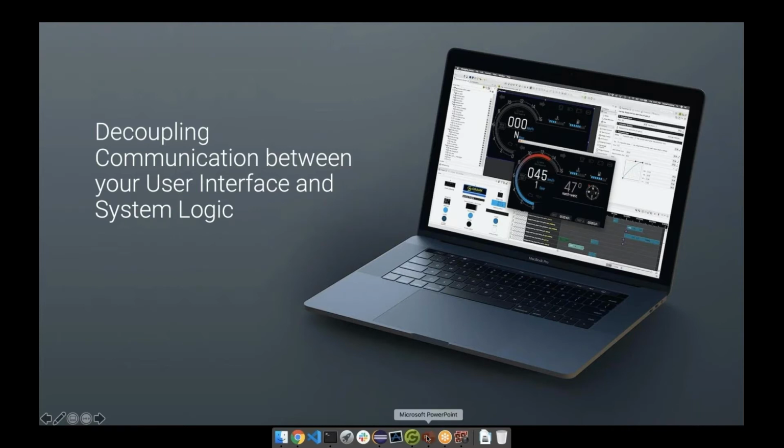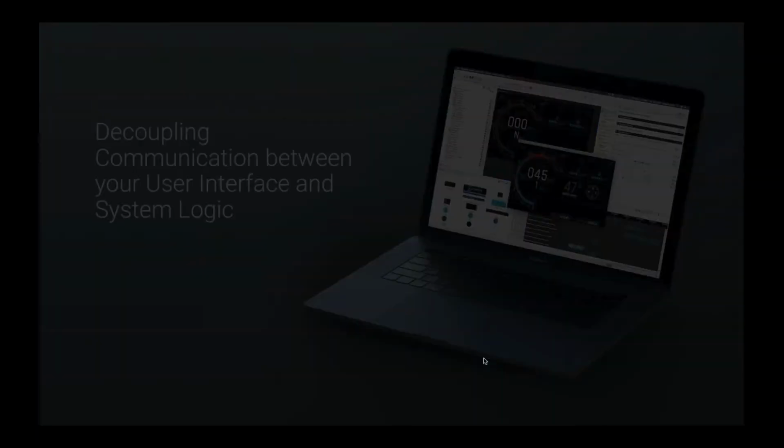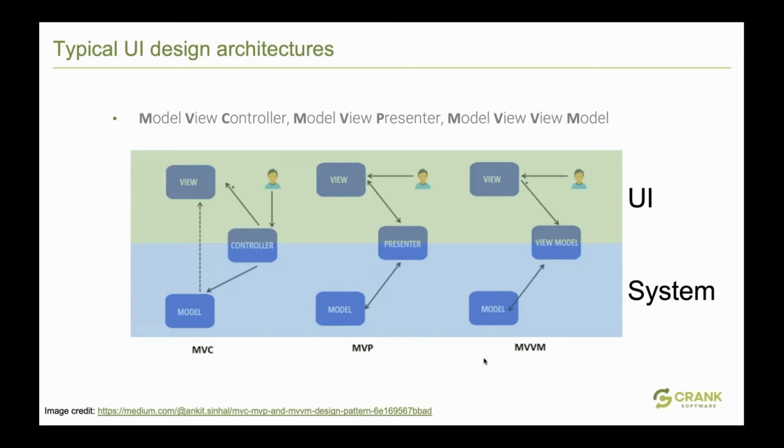So let's take a look here, and we should be on a slide. Looks like typical UI design architecture, big white slide. The idea here is that this presentation isn't necessarily about design architectures, but what I did want to highlight is some of the language that we're going to use when we talk about the UI and the system logic.